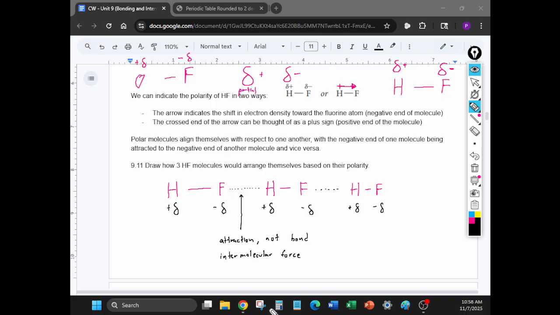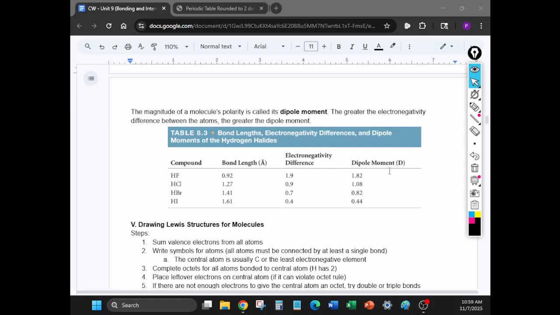So this whole unit is going to be based on these polarities. How do these molecules start interacting with each other without bonding, without actually making that commitment? A lot of times I'm going to call this IMF. So if you ever see IMF, it doesn't mean International Monetary Fund. It means intermolecular force. So just keep that in mind.